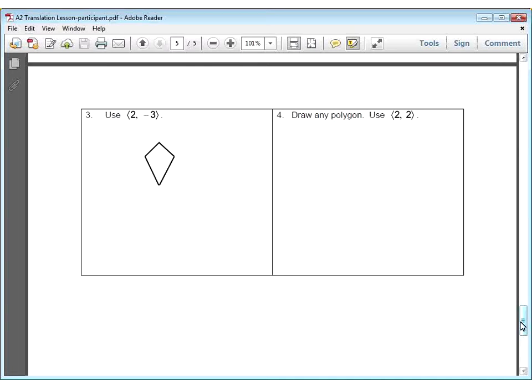Don't do this to make the shape. Do it to check yourself. Does that make sense? You can use something like plastic, or it's a little waxy, so you use it with a pencil. Okay? Make sense?